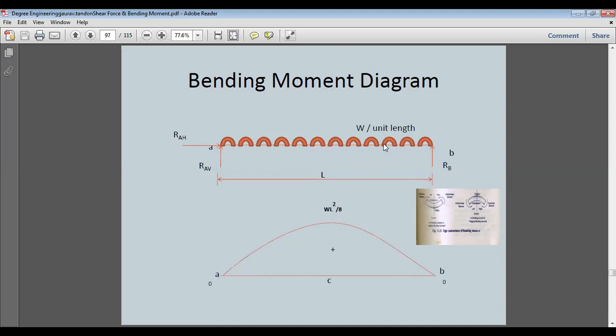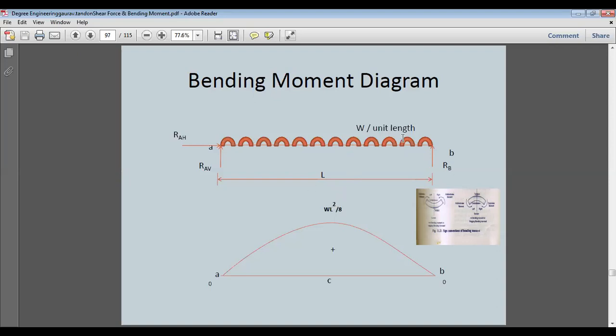So WL by 2 will be acting at this point. If we talk about the left section, we will have a resultant force of WL by 2 acting at a distance of one fourth. This one will be half, this is the half center point, and this will be acting at the center point. So WL by 2 into L by 4. So this will give us WL square by 8.